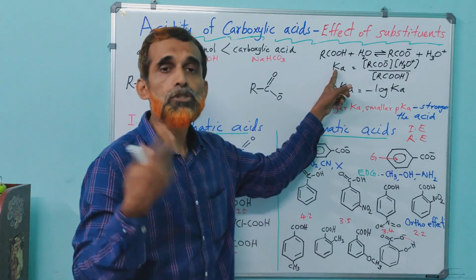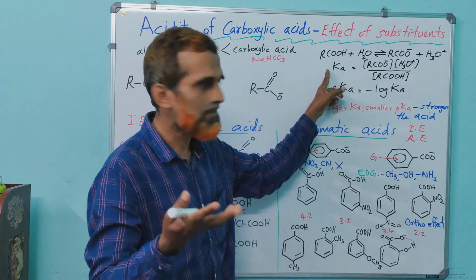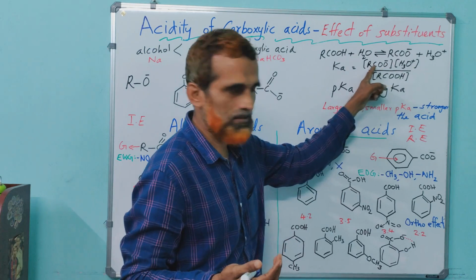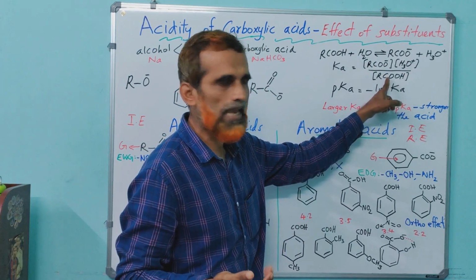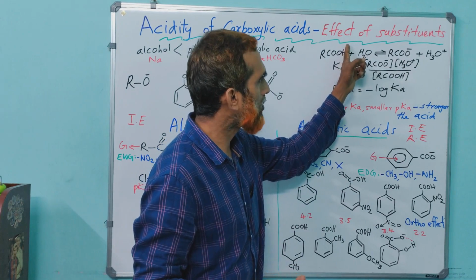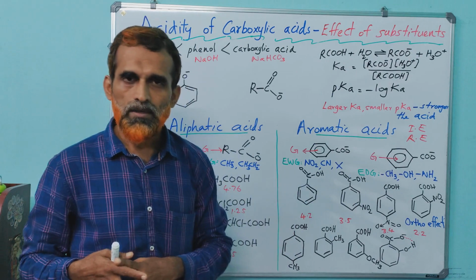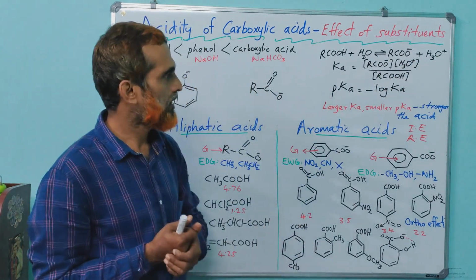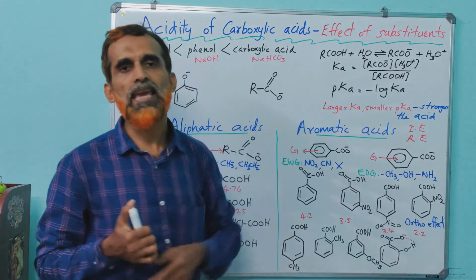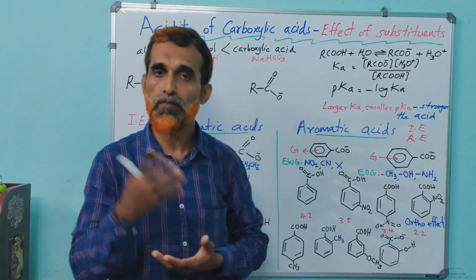Larger the Ka, stronger the acid. Because if Ka is large, this is to be large, this is to be small, in which case the equilibrium is more to the right, then only this will be large, producing more H+ ions. But we know the value of Ka is found to be very, very small, of the order of 10 raised to -5 or -6.